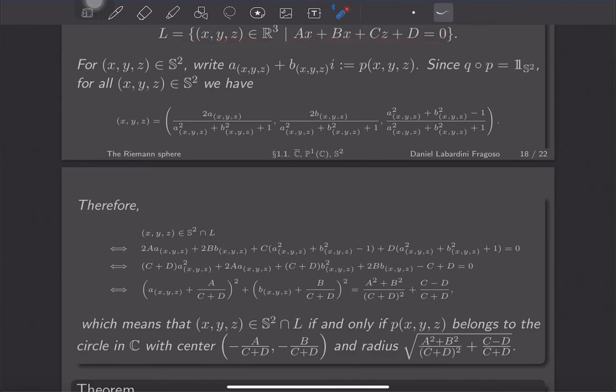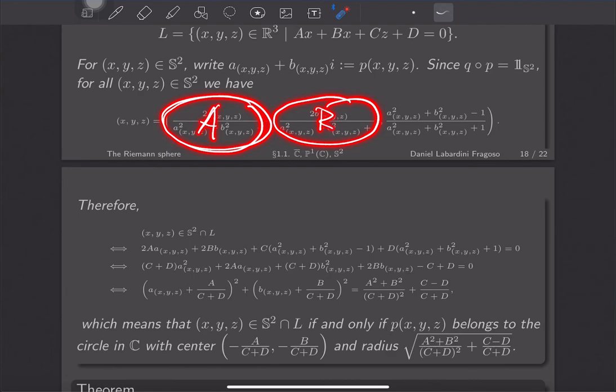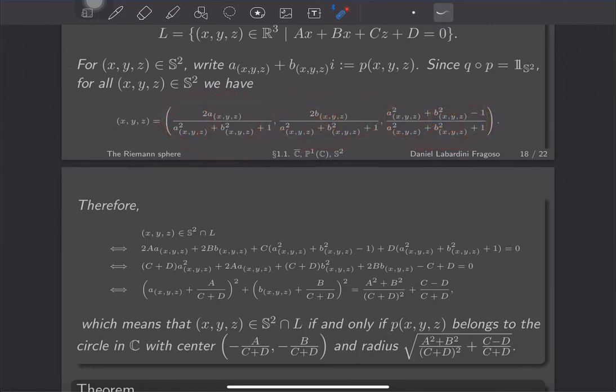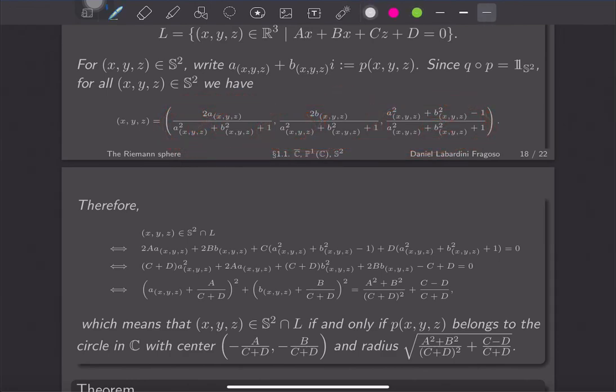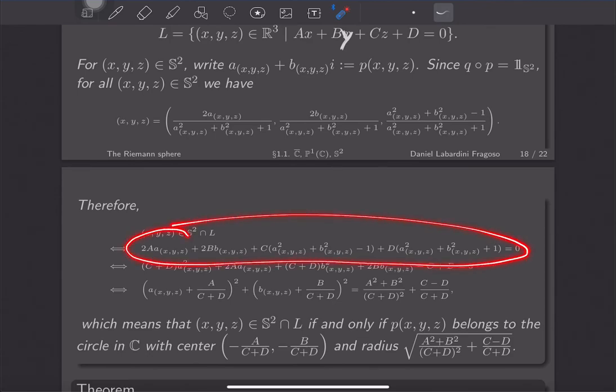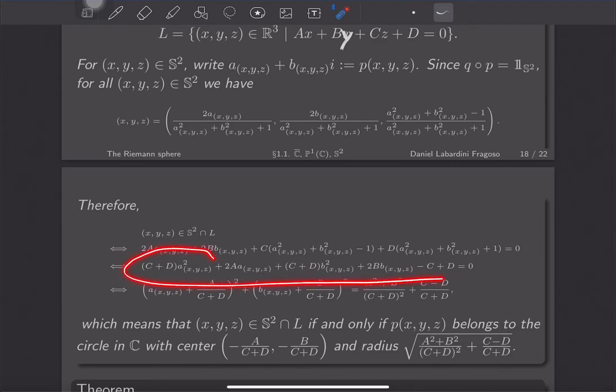So if and only if, with this being X, this being Y, and this being Z, I just plug in, and I have to obtain 0, and then I perform some algebraic manipulations.